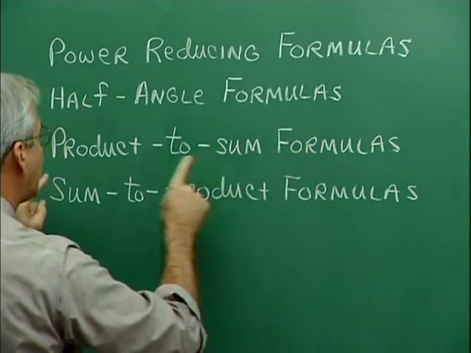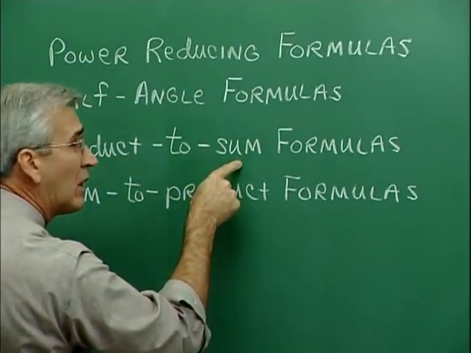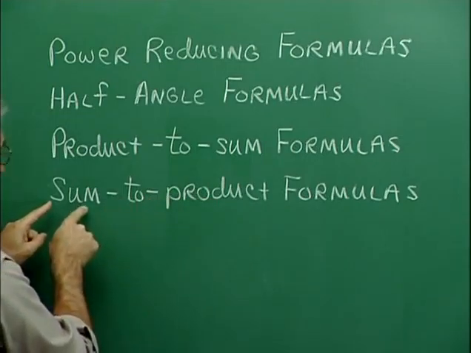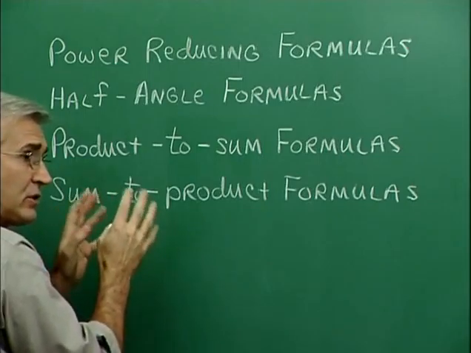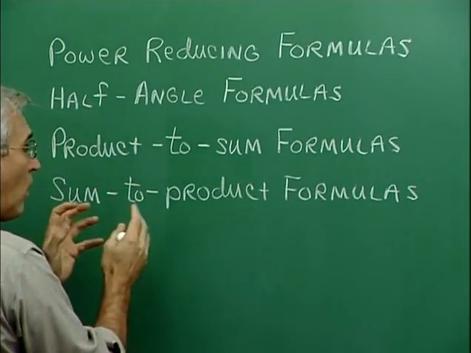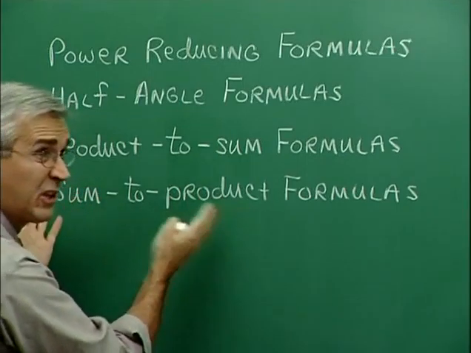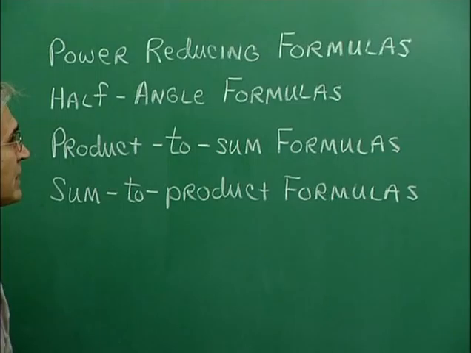Product-to-sum: it's as though we're looking at a product and we want to express this as a sum. Sum-to-product: we have the sum of two items, that is the sine of one angle plus the sine of another angle, and we want the product of a couple of items. And there's a particular purpose for using formulas such as these.